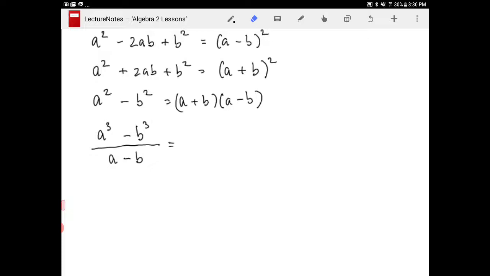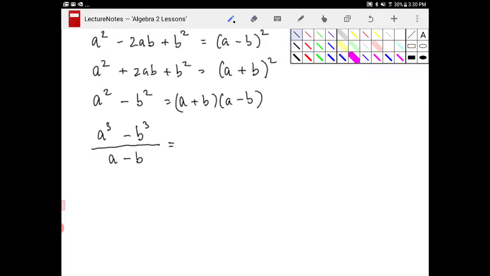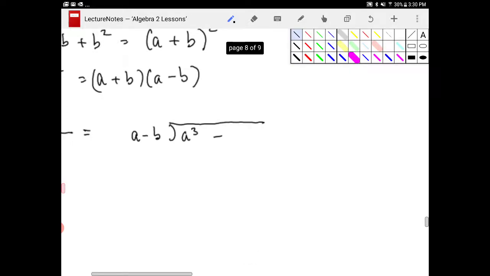Well, a way for us to figure this out is we're going to perform long division here. So I have a minus b, and it's going to be divided into a cubed minus b cubed, but I am going to write this thing out.